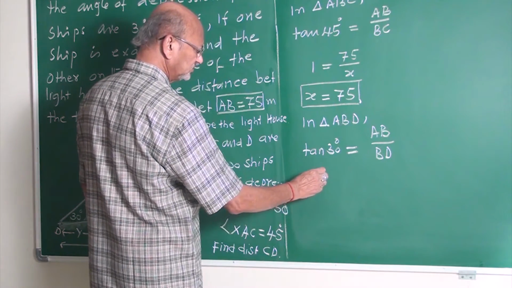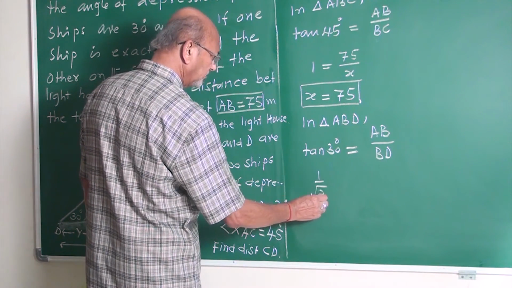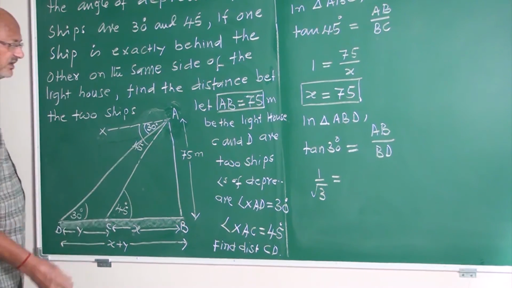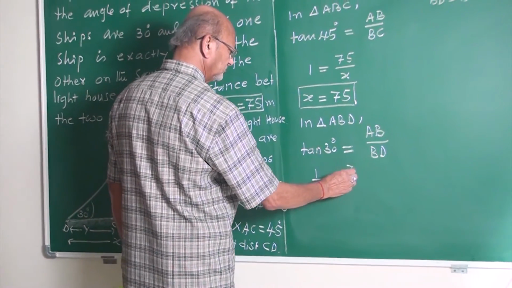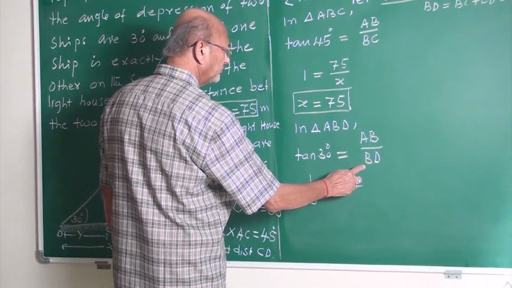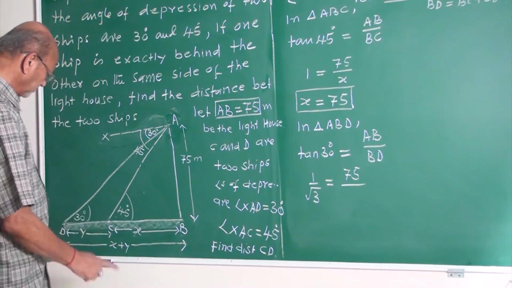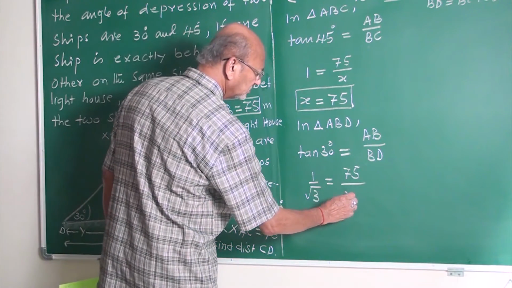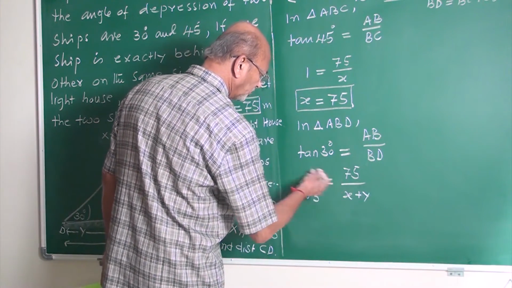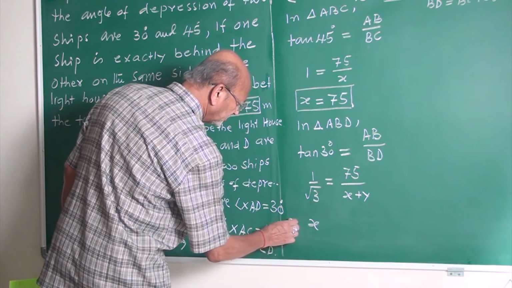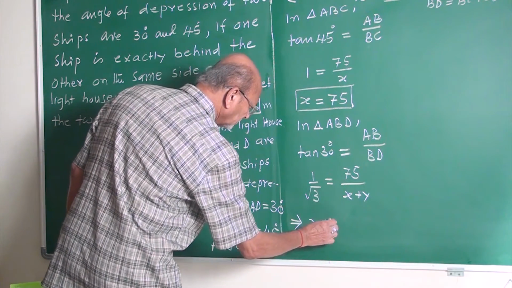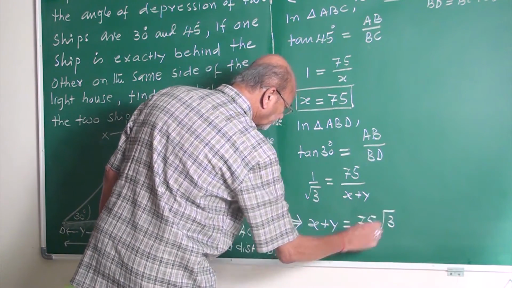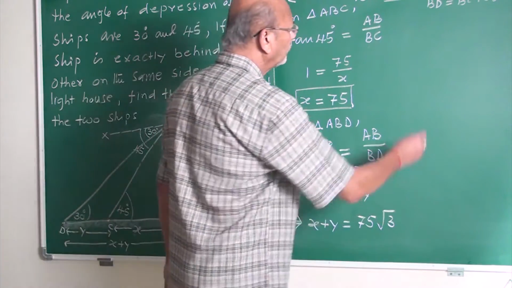Tan 30 is 1 by root 3. The value of AB is 75. BD is X plus Y. Cross multiplication gives X plus Y equal to 75 into root 3.